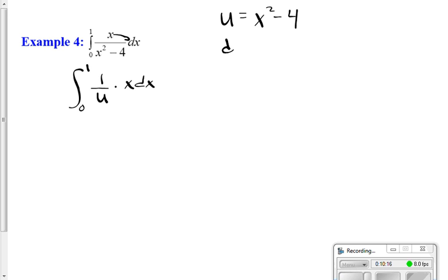What's du? 2x dx, right? Can I substitute? Not quite. What am I short? A 2. So here's where I put a 2 on. If I make this 2x dx, I can now put in du for that. Right?